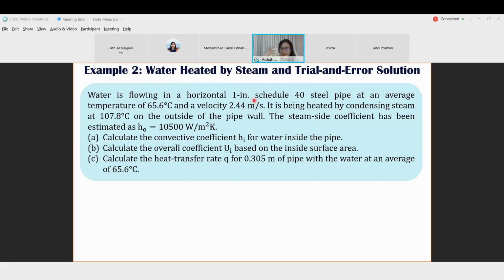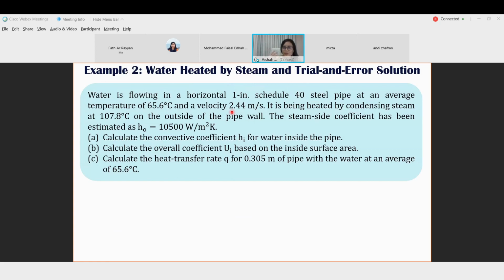So there is also an appendix for this, where you can find for different inches the inside and outside diameter. Okay, so the average temperature of water is 65.6, and the velocity is 2.24 meter per second.